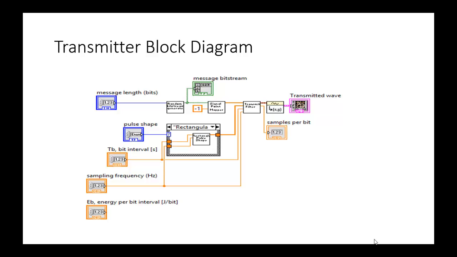The pulse shape generator generates pulse shapes, which in this project are of two types: the Polar non-return to zero and the Manchester non-return to zero. The pulse shape is then modulated with the signal levels by the transmit filter, and the resulting signaling waveform is transmitted onto the noisy channel.